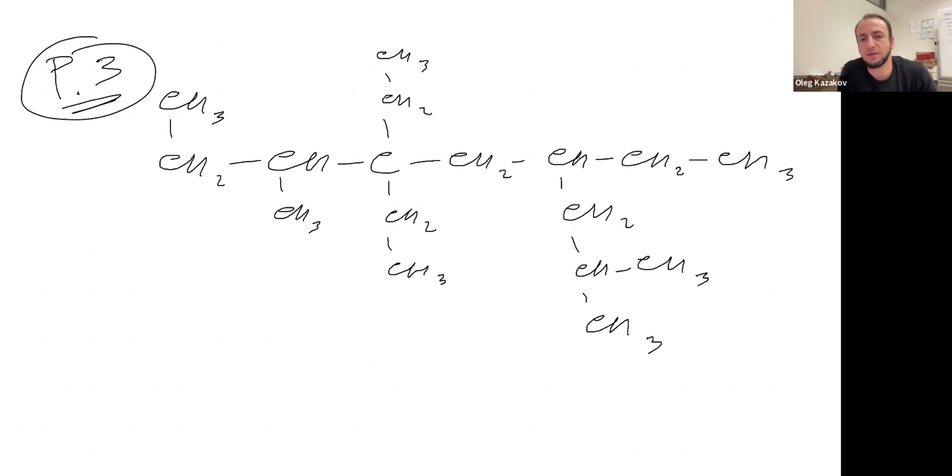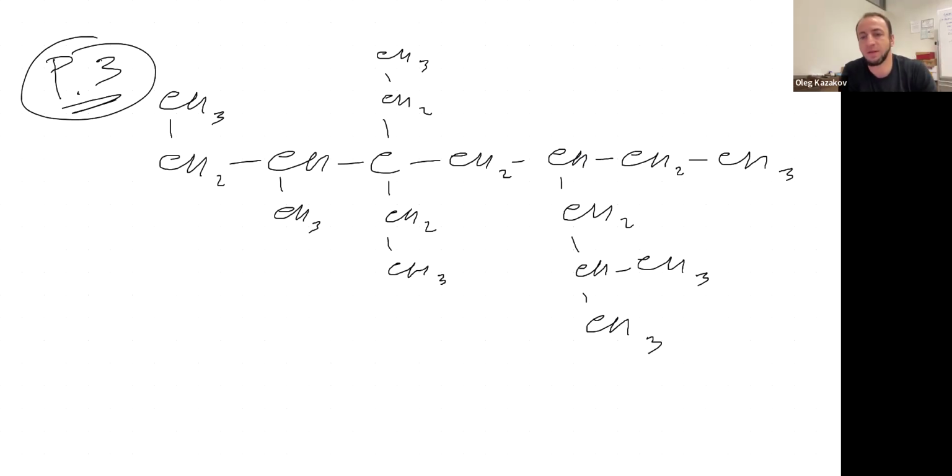That is a candidate potentially, but let's see if we can find something longer. 1, 2, 3, 4, 5, 6, 7, 8. So 8 again, that seems to be shorter. Let's take a look at another approach. 1, 2, 3, 4, 5, 6, 7, 8, 9. So 9 carbons seems to be the longest chain.